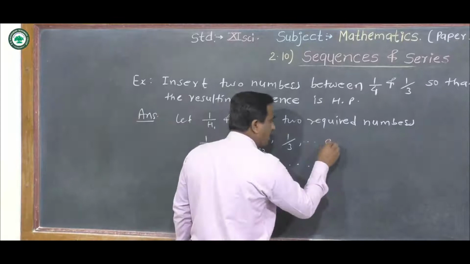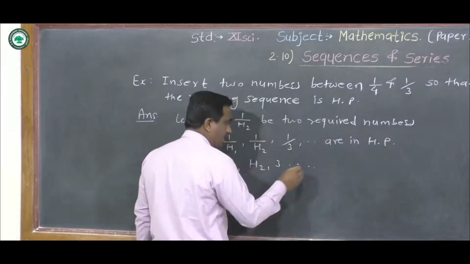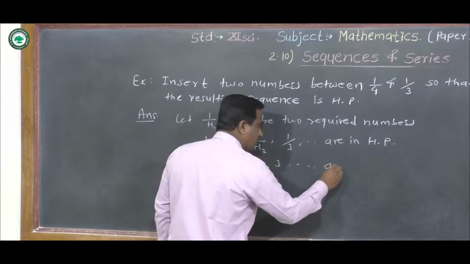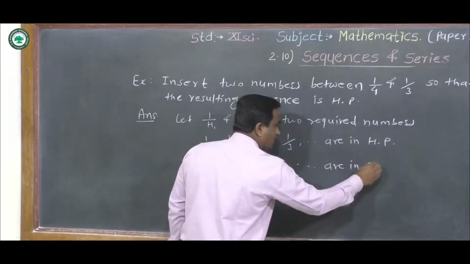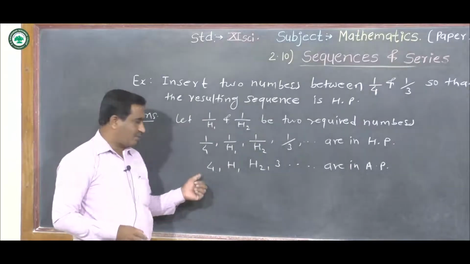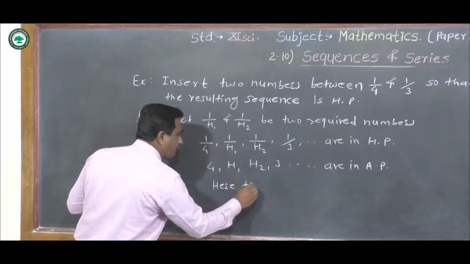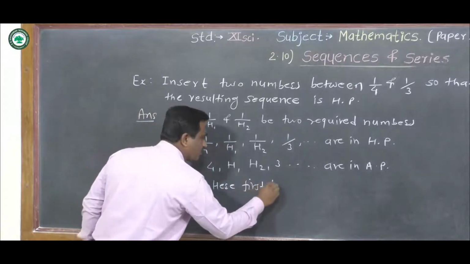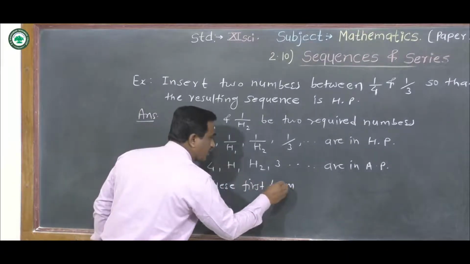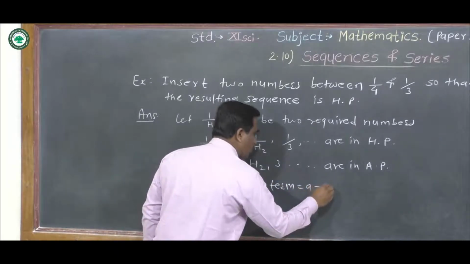We can write here that the numbers are in HP, and reciprocals of these are in AP. Now in this AP, first term is A is equal to 4 equal to T1.